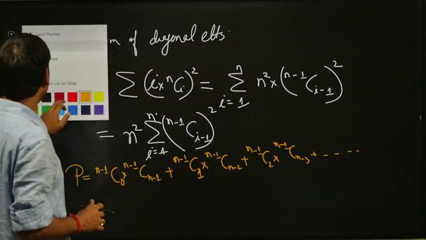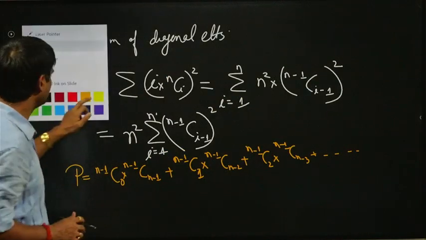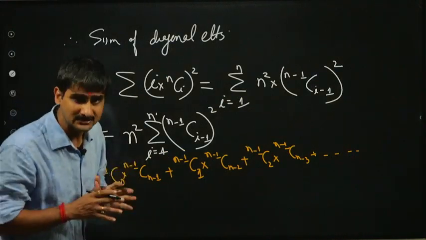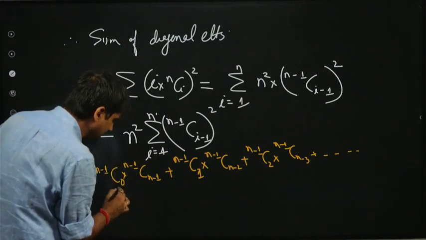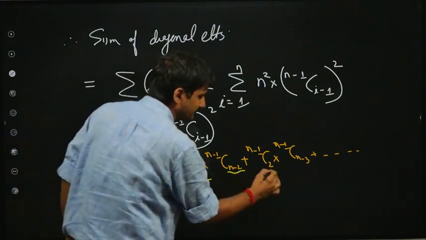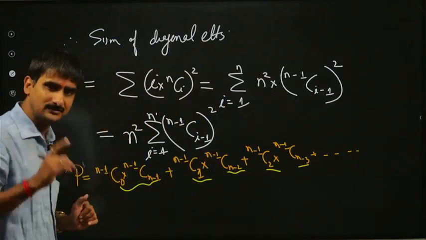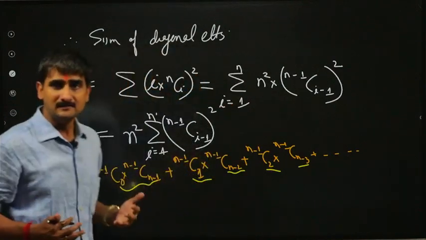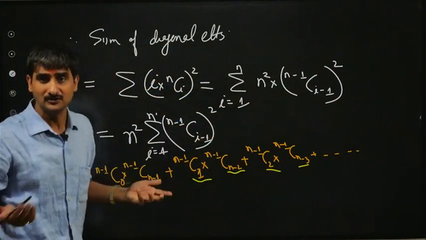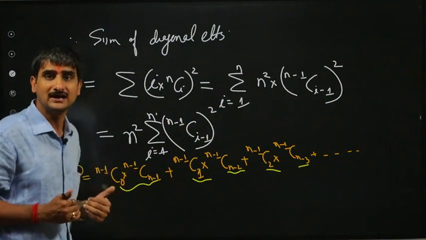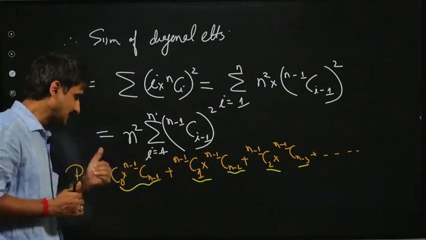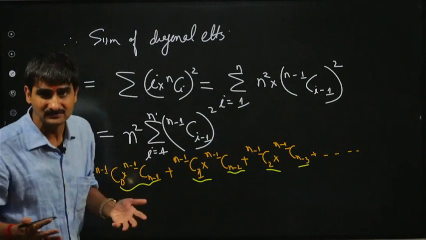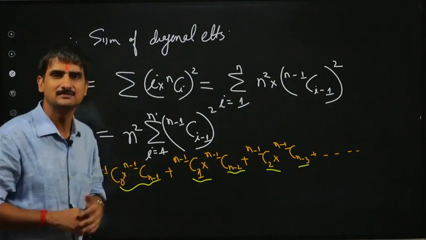Now we already know how to get this value. We get this value if in every term the sum of subscripts is the same. In every term the sum of subscripts is n minus 1, and you have all possible terms, because the smallest value of the subscript is 0 and the largest can't exceed n minus 1.